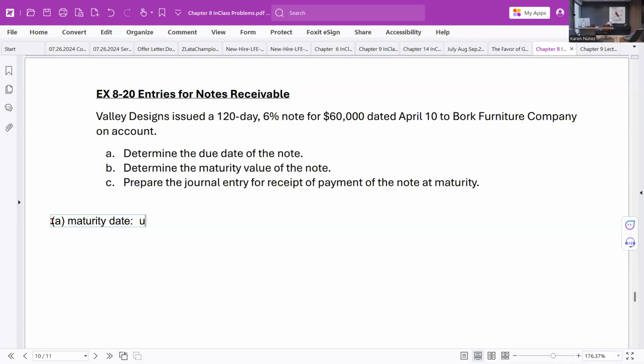Maturity date. Let's see. We're starting here. This note was issued on April 10th, right? April has 30 days in it. So 30 minus 10 means we've got 20 days in April. And then we have May, which is 31 days. Then June, which is 30 days.